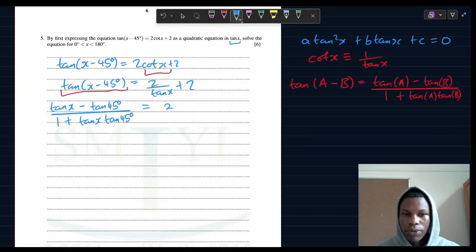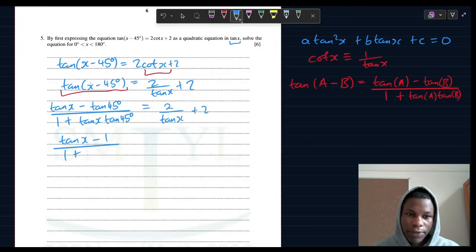And this has to be equal to 2 over tan x plus 2. Okay, so punch into your calculator tan 45 degrees. You should find that that is equal to 1. So you get (tan x minus 1) over (1 plus tan x times 1), so that just becomes tan x.